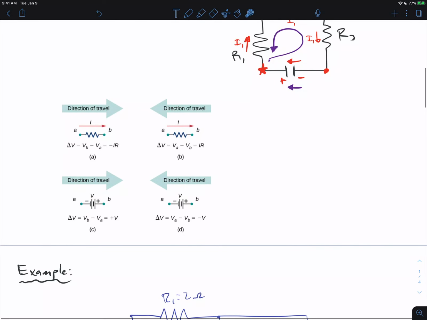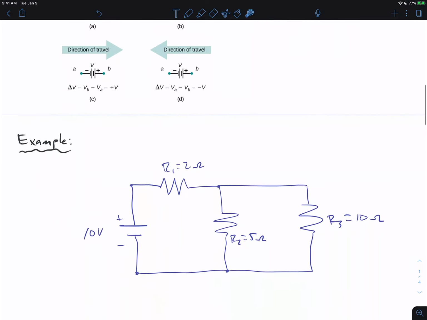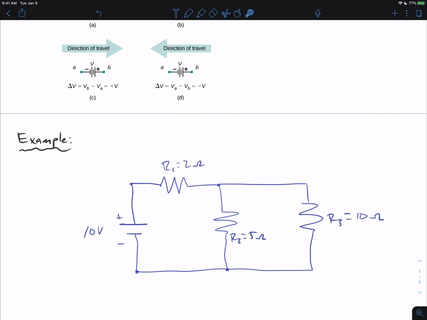And then I want to do a simple example, one that you can confirm with the previous rules we've gone through for series and parallel. I have a circuit here that is fairly simple. It has a resistor and then 2 resistors in parallel, right? Just so you know, what we can do with Kirchhoff's laws is really deep.